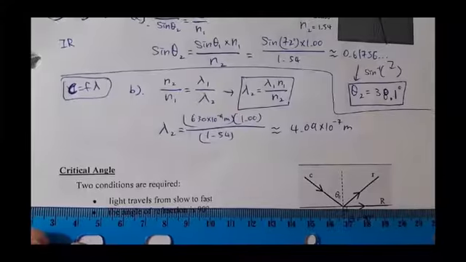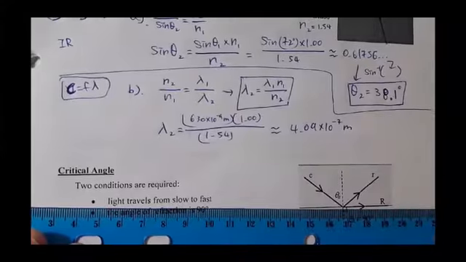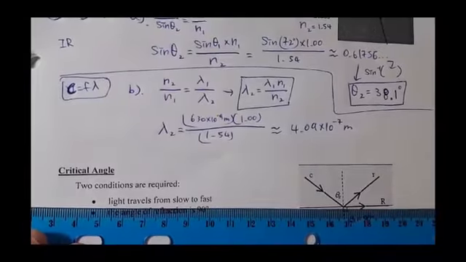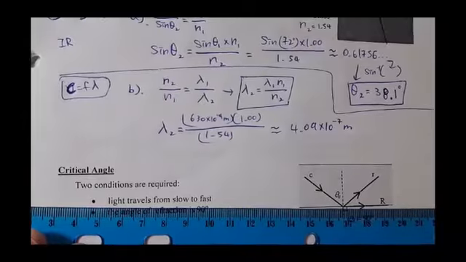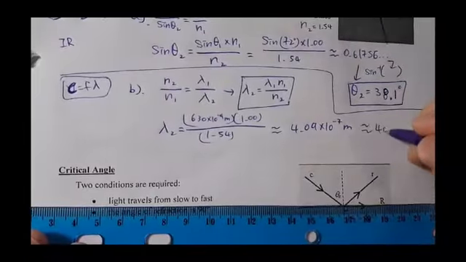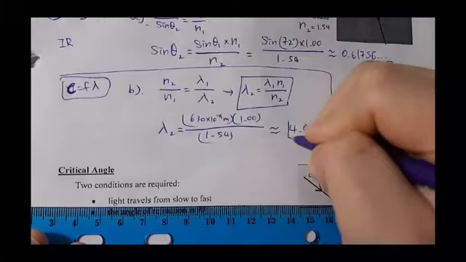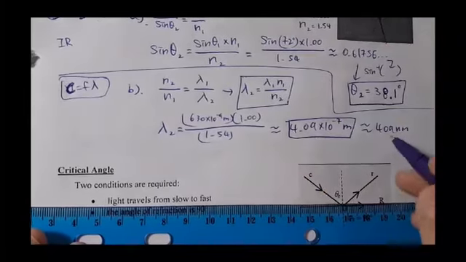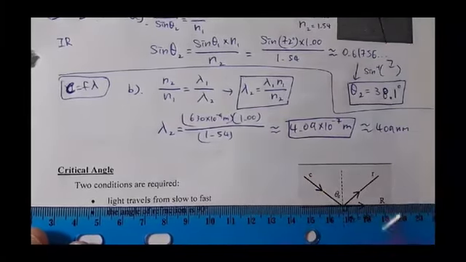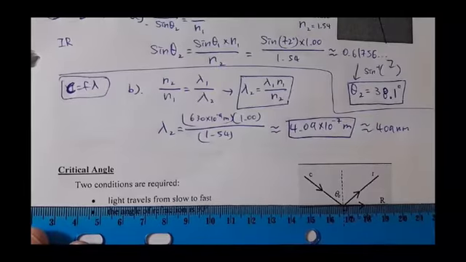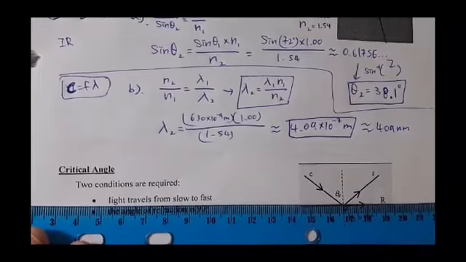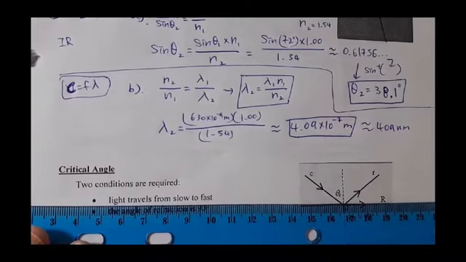About 4.09 times 10 to the power of negative 7, which is about 409 nanometers. But we're going to use that. 409 is relatively close to orange to yellow, somewhere over there. So the light, sorry, the EMR spectrum changed a little bit.